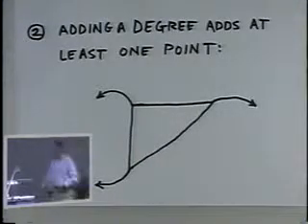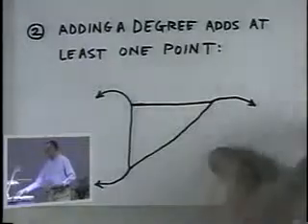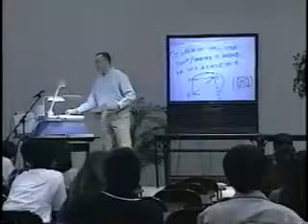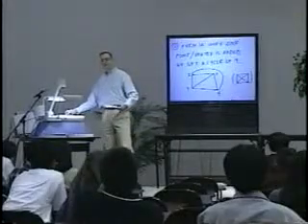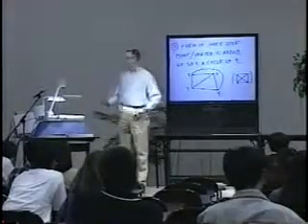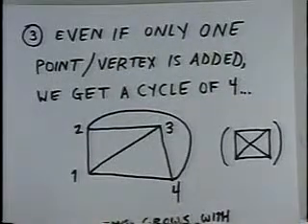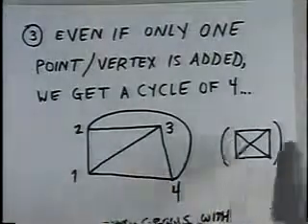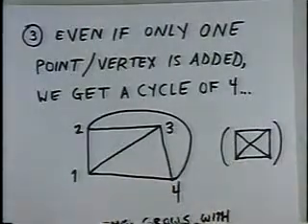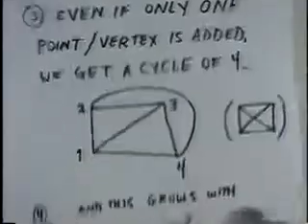And that one extra vertex, even if it's a single vertex that we add, we're going to have a cycle of length 4. So it seemed like this is starting to go somewhere. And of course, this ugly thing redrawn looks like that.